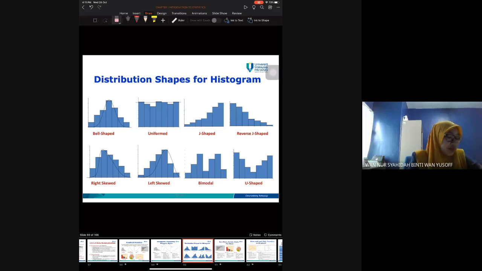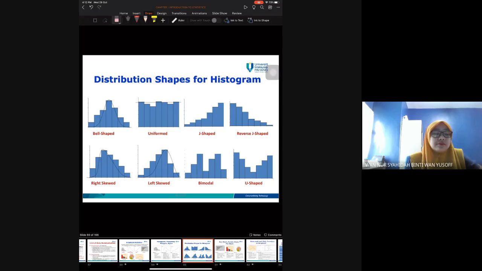Okay, so in your assignment, I don't remember which question, but you need to construct the histogram for all the data sets that you have. As I explained, you will have 4 data sets. You need to divide your data by group. Let's say the group is gender, then you will have male as the first group and female as the second group, for example.